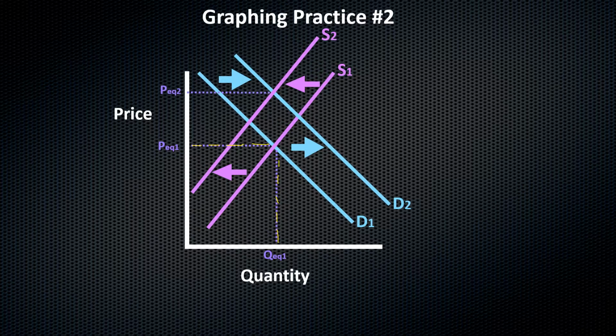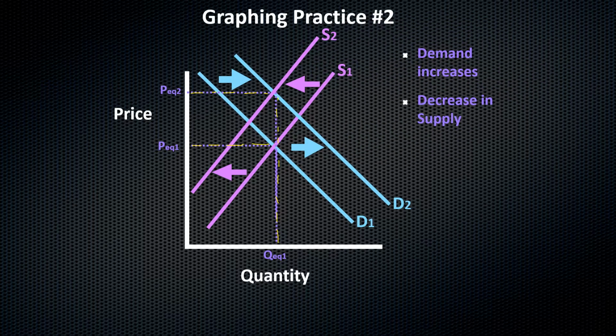Well, what's going to happen to my price? Well, the price equilibrium is going to shift up to this point. So I'm going to draw that, and I'm going to label that PEQ2. But something really crazy is going to happen with my quantity. Oh my gosh, my quantity has not moved, or has it? I'm not quite sure. So I'm going to draw in this little bit.